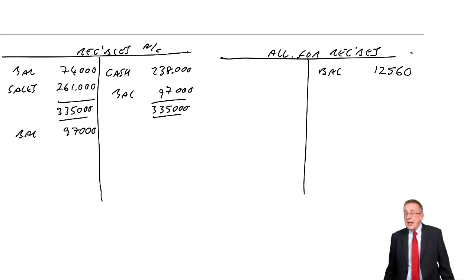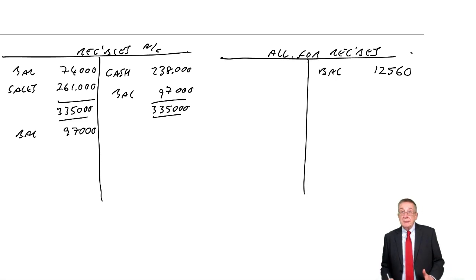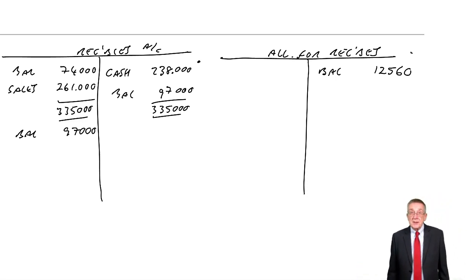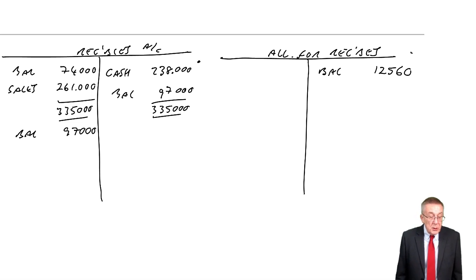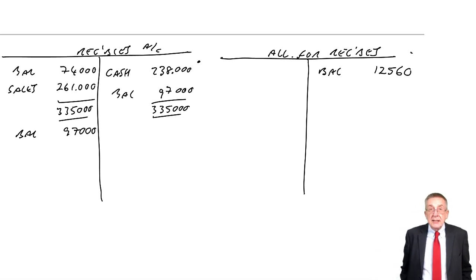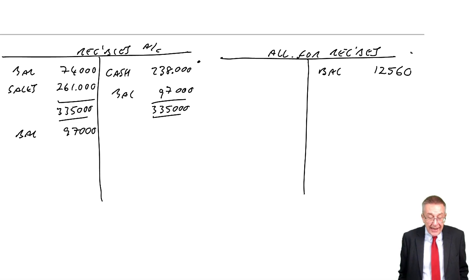Now, think about this and listen carefully. We received cash of 238. What does the bookkeeper do? Debit cash, credit receivables. But that includes the money from Paul. And if you look at note A, Paul had paid us $2,200 of his previously irrecoverable debt.